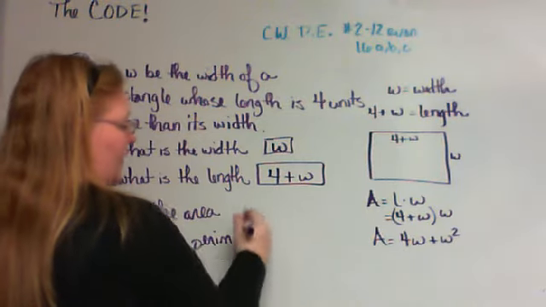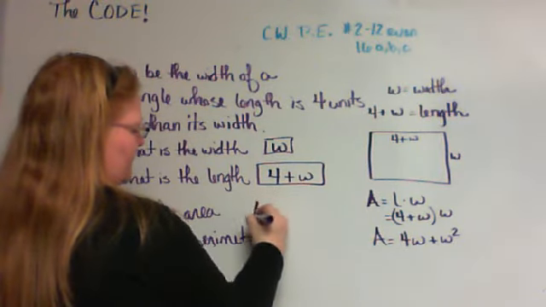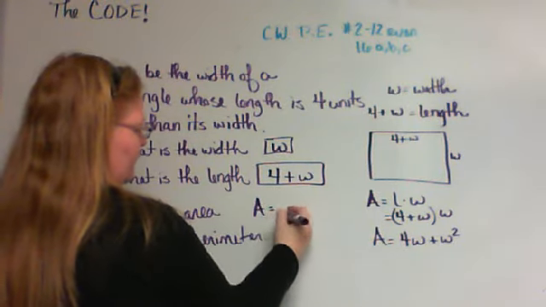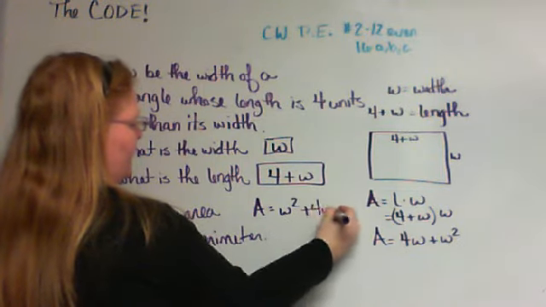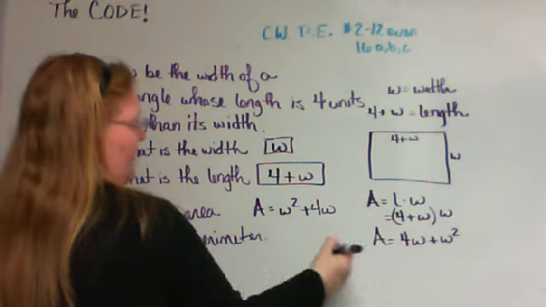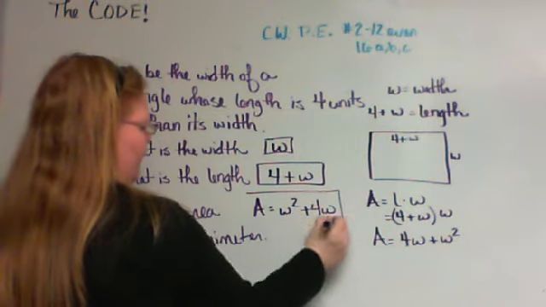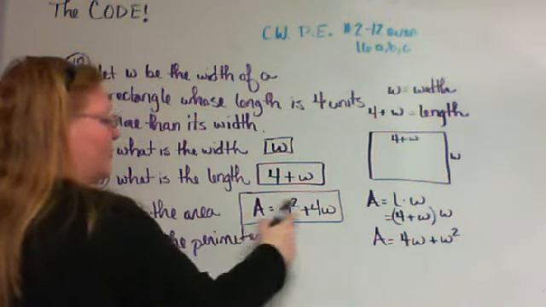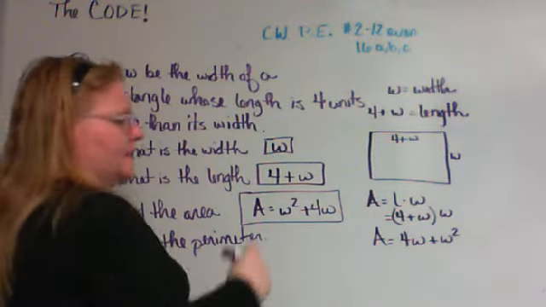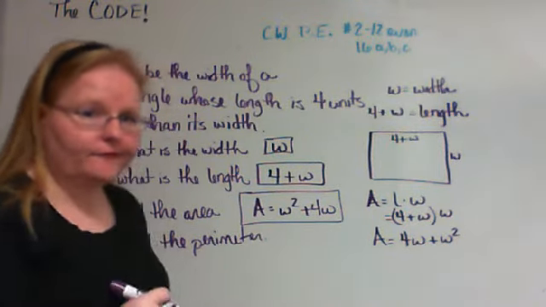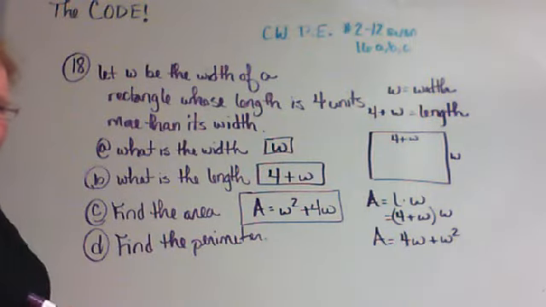So that makes our area W squared plus 4W. Or you could write 4W plus W squared. I wrote it this way because this is the technical, prettier way to write your exponents first before you write just your plain number.